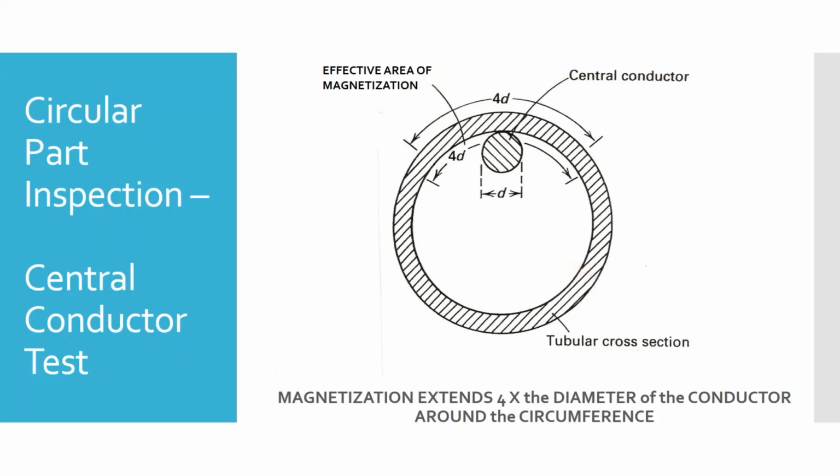What's that? 4. We have to turn it 4 times? But how do we know? So if we take the circumference of the outer part, the length of the outside, right?